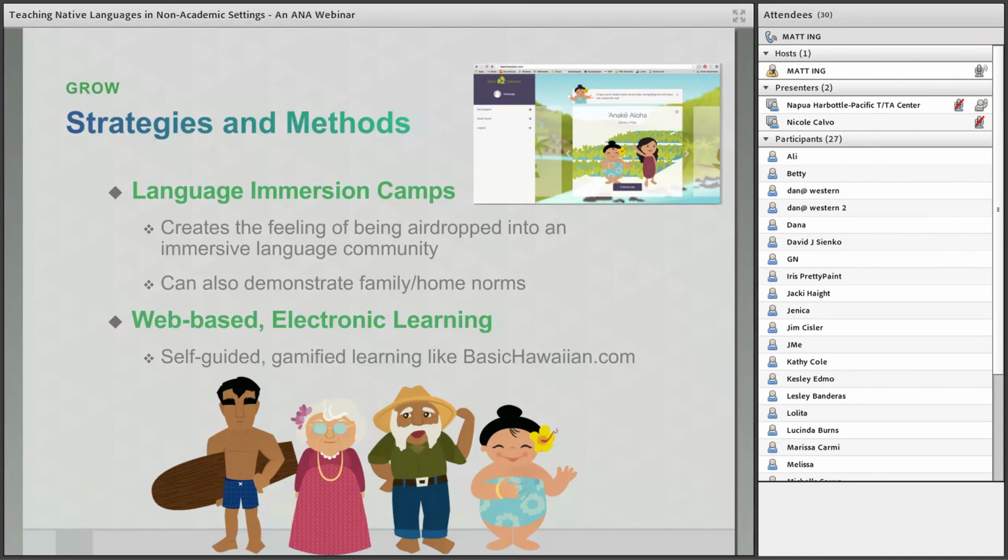These language immersion camps can last anywhere from a couple days to a couple weeks, and when you go into these immersion camps, they actually just speak the language. And oftentimes, these immersion camps are not static.